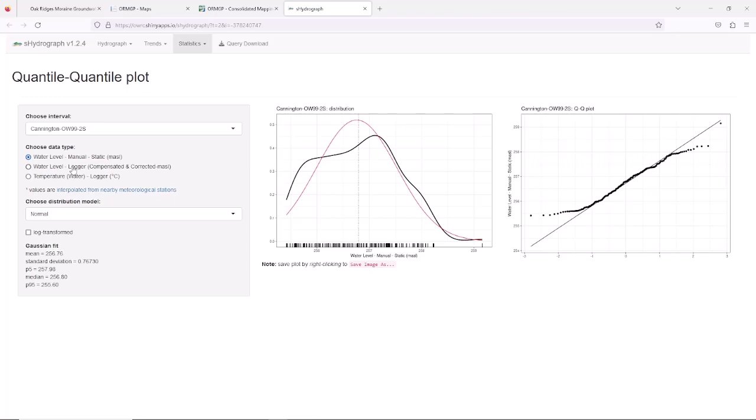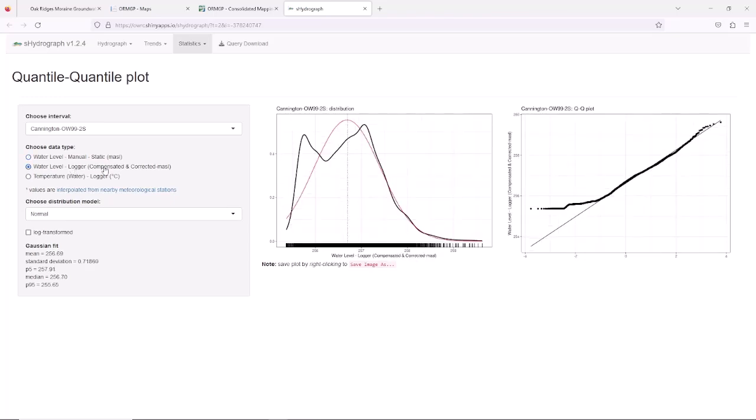If we look at the transducer or logger information, we can see there's a bimodal distribution here. So what this is telling us is that, first of all, the manual water levels don't always show the whole picture. When we look at transducer or logger information, where water levels are taken every 15 minutes or every hour, or even every day, we can see a better picture of the distribution of water levels over time at a particular location.